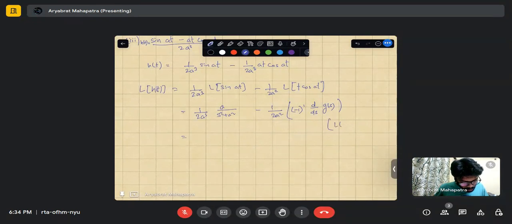The Laplace transform of t cos at is minus 1 d by ds of g of s, where g of s is the Laplace transform of cos at.